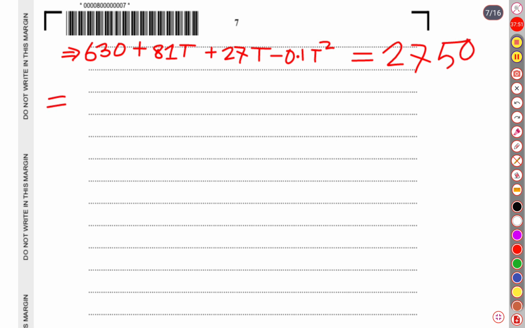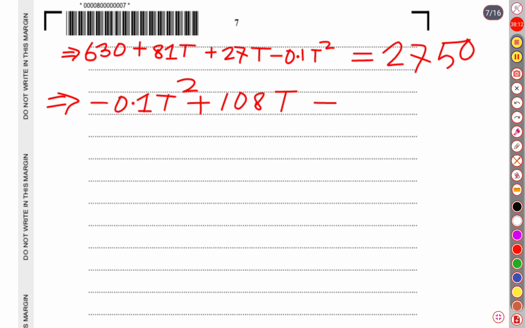Now if we simplify this, it is going to be 81 plus 27, that is 108T, and negative 0.1T squared.